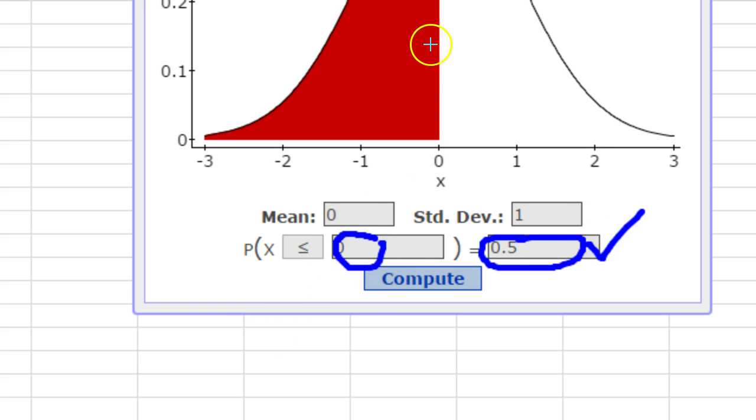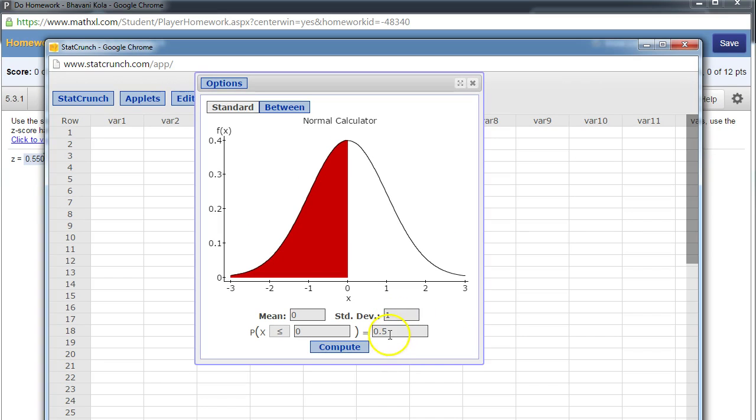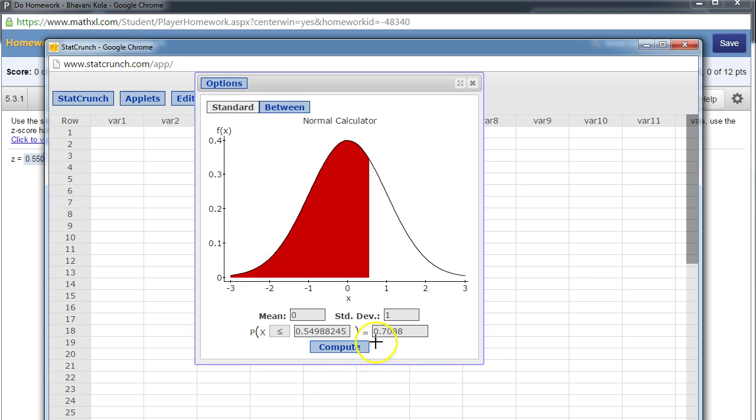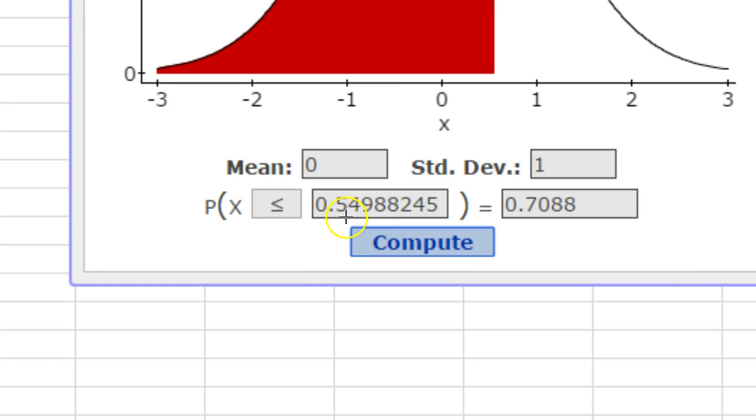Let me plug that in. My area was 0.7088, and I'm going to click compute. And you see that your z-score is 0.549, rounding off to 2 decimal places, this would be 0.55.